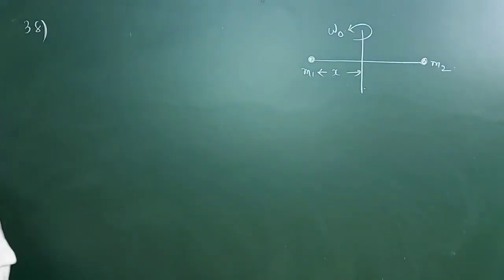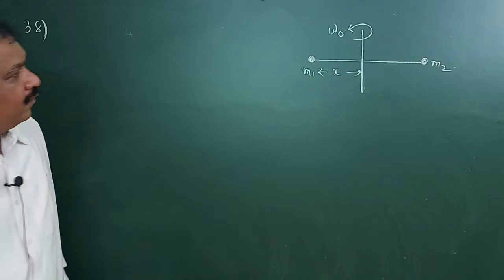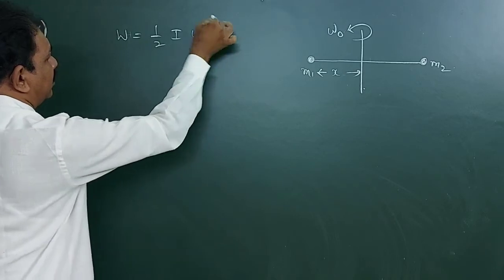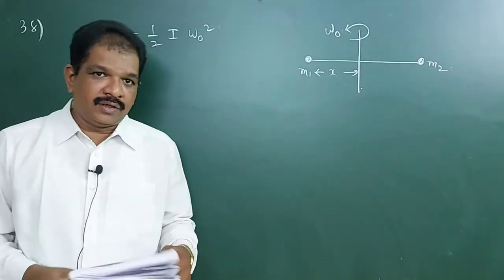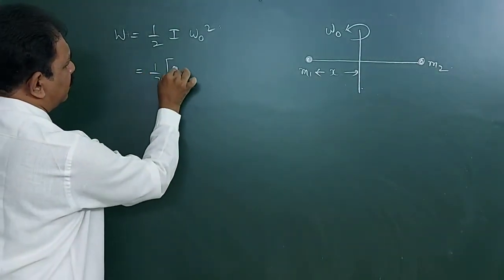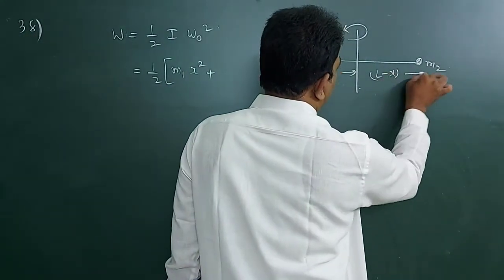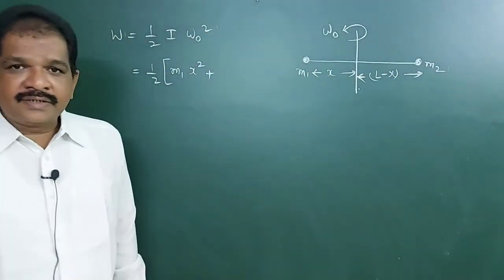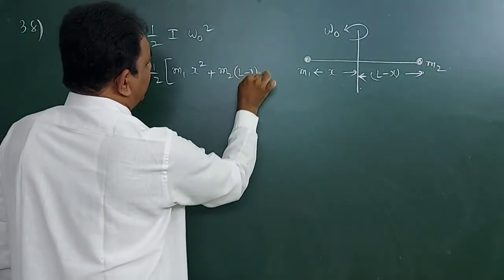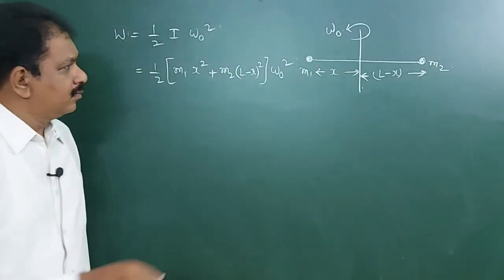Okay. So here what to do, see, work done to rotate the rod W is equal to 1 by 2 I omega naught square. Here moment of inertia of the system is m1 x square plus m2 into L minus x whole square, because total distance will be L. Okay.